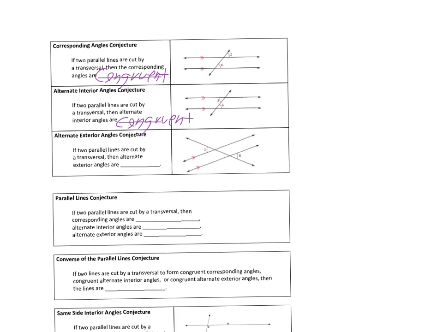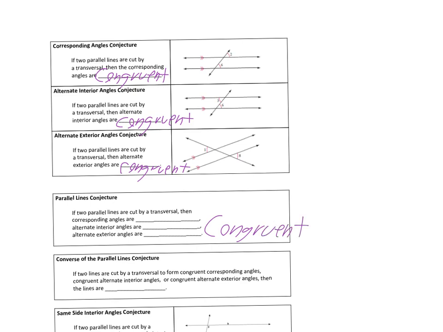Alternate exterior angles conjecture: if two parallel lines are cut by a transversal, then alternate exterior angles are going to be congruent. So for the parallel lines conjecture, they will all be congruent.